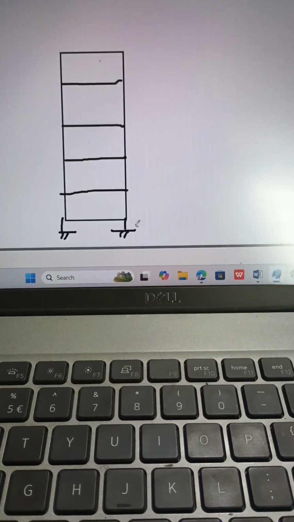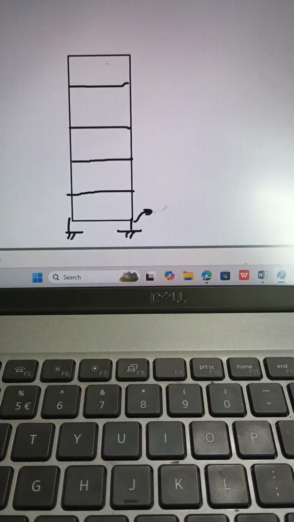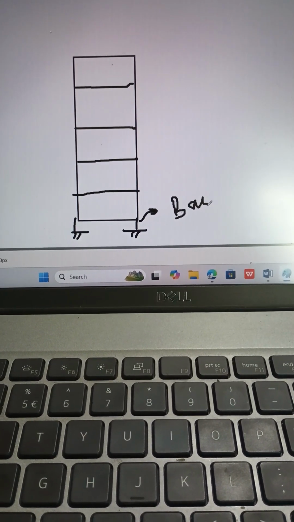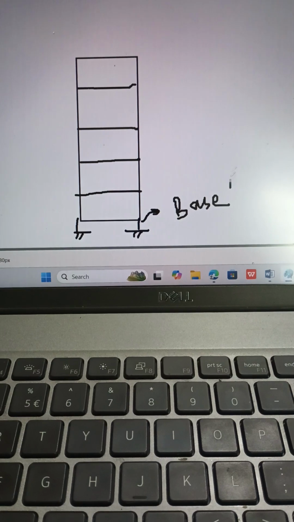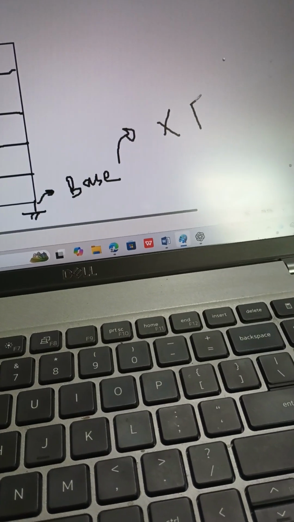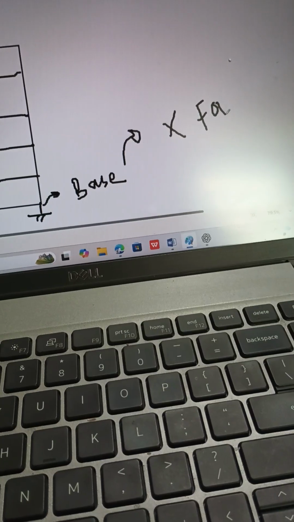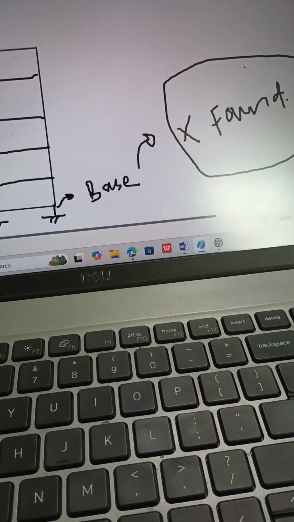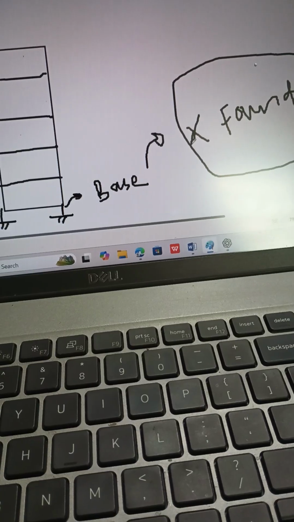Remember, base is not a foundation. Base is not a foundation, right? You need to remember this. So base is not a foundation.